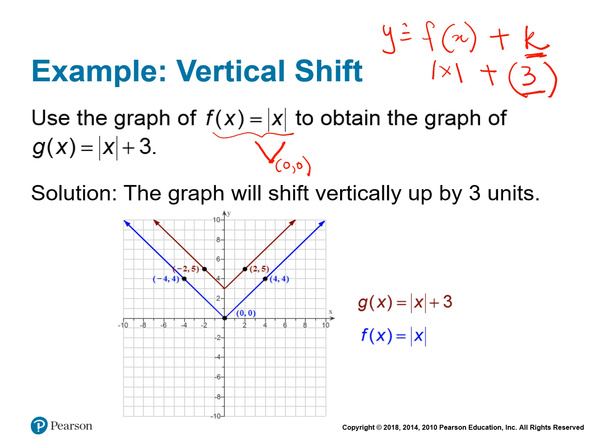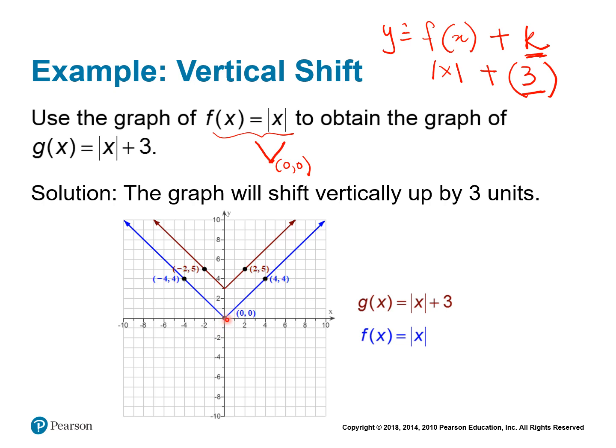Let's look at what they've done here. The original graph was this blue graph, the graph of f of x equals absolute value of x anchored at 0, 0. We were expecting that the graph of g of x should move up 3 units. Did it? Yes. The red graph is the transformed graph.